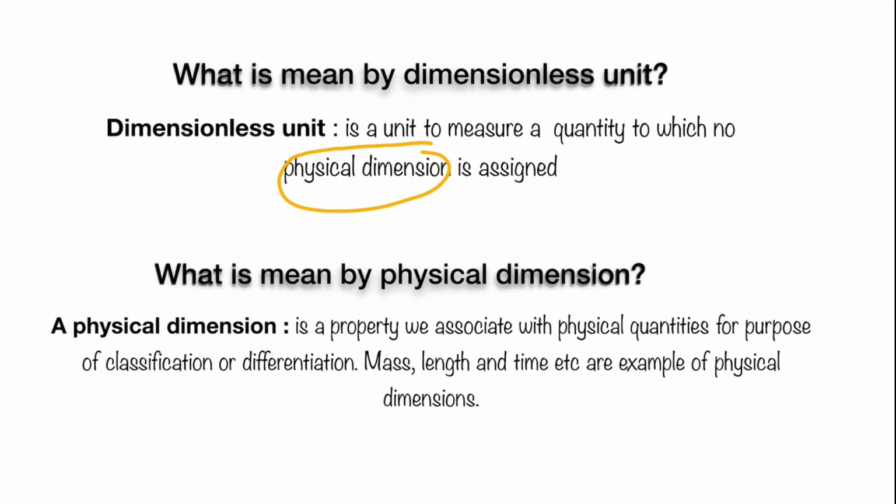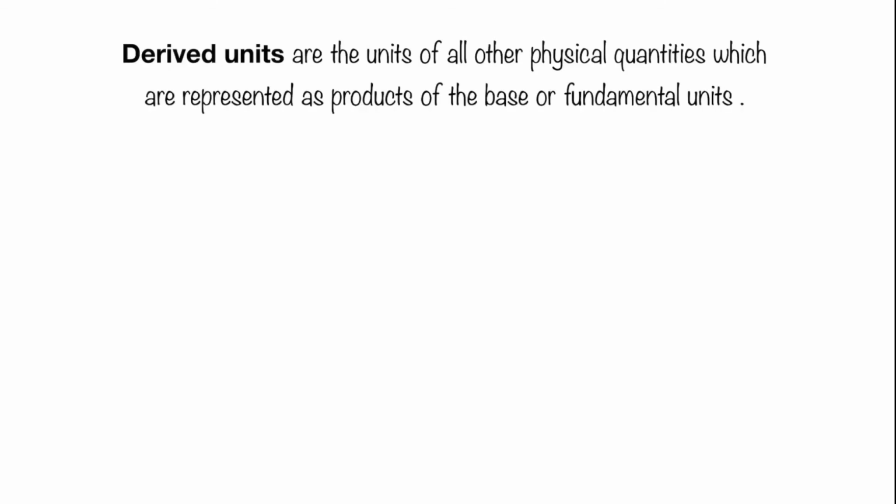Now let's check out what a derived unit is. Derived units are the units of all other physical quantities which are represented as products of the base or fundamental units. For example, acceleration.